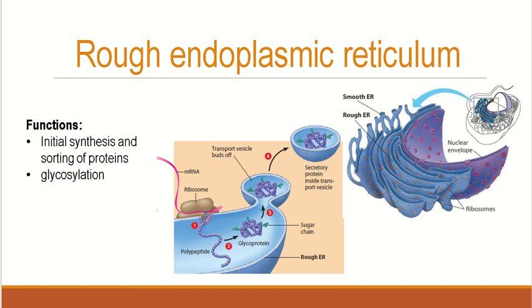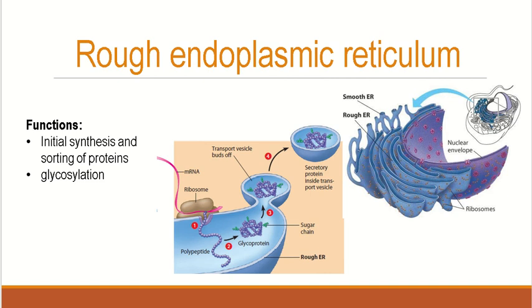As the polypeptide, this linear chain of amino acids, is being synthesized by a free polyribosome, of course, by following the instructions of the mRNA, it is now threaded into the cavity of the rough ER.